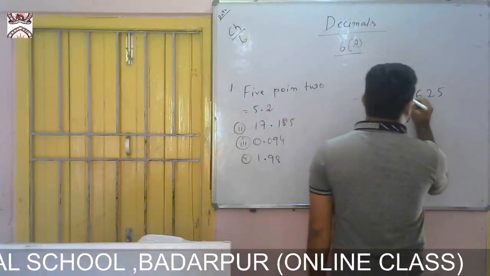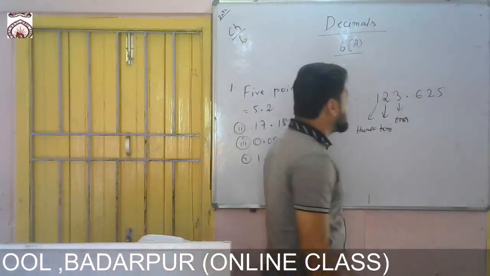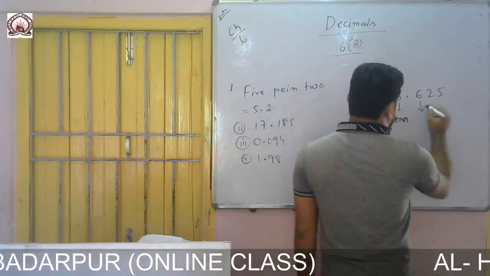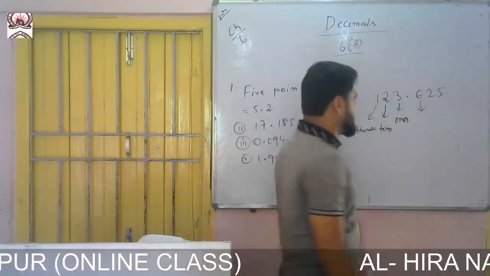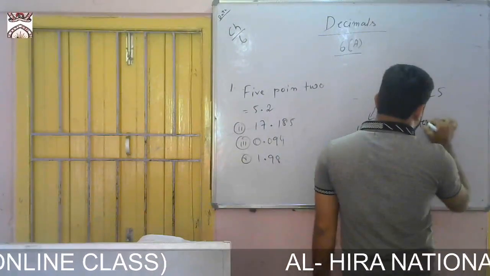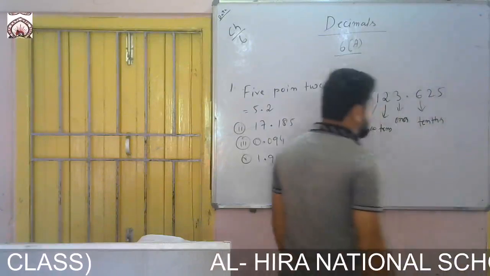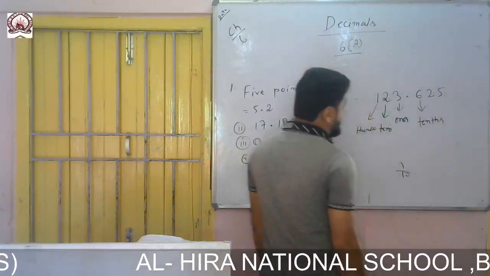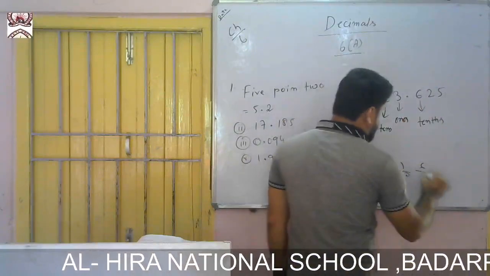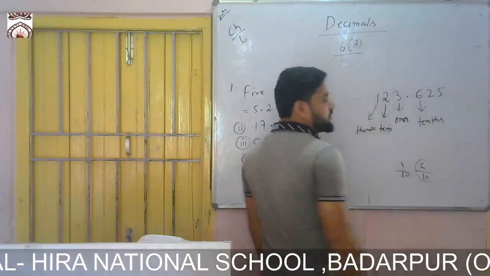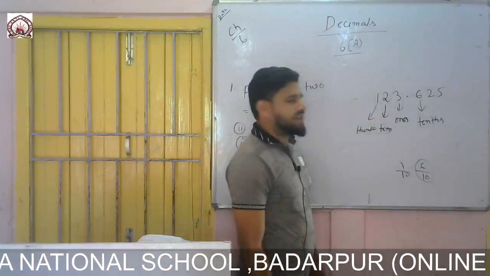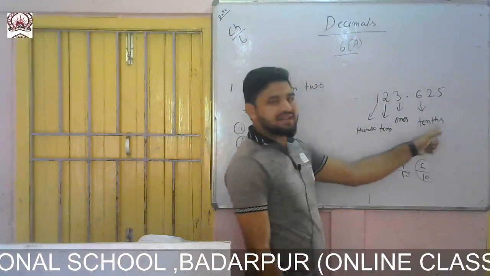And on the right side we call these tenths. Tenths means 1 by 10. Here 6 means 6 by 10, so we say tenths. So you can say 6 tenths.